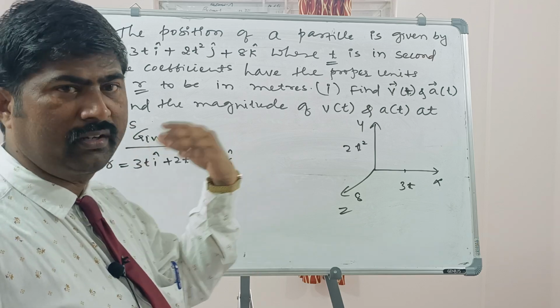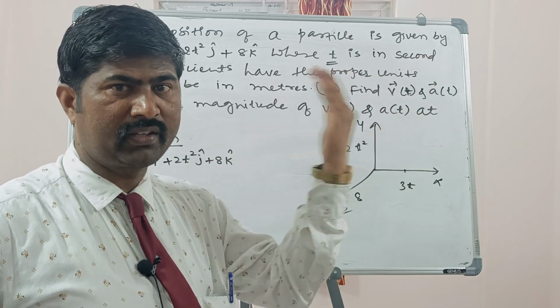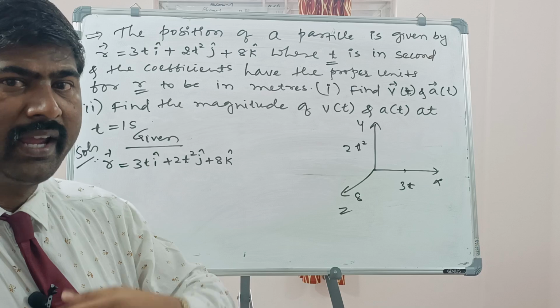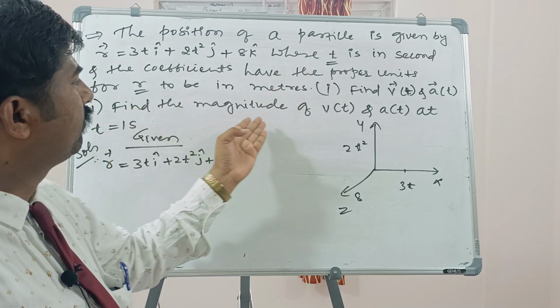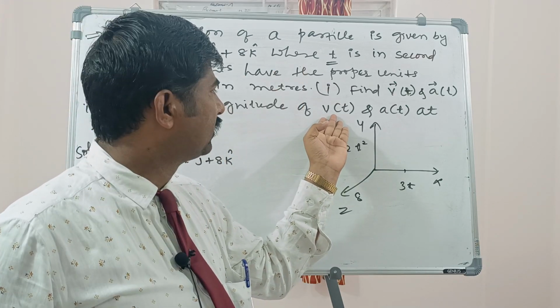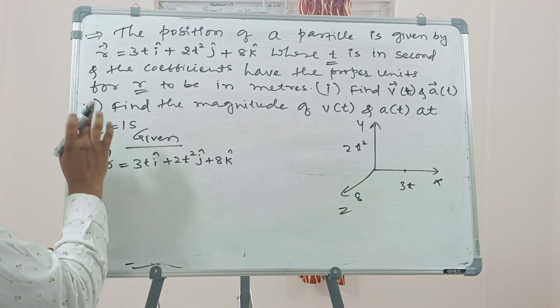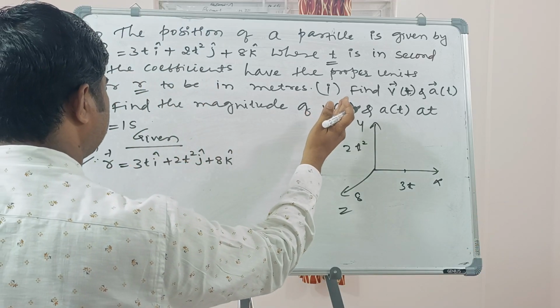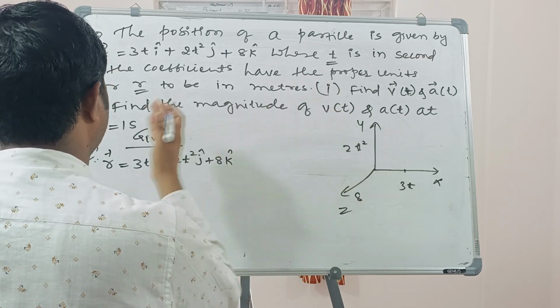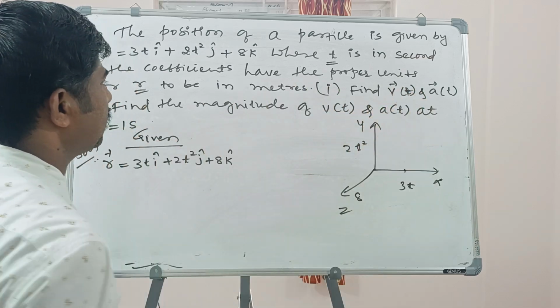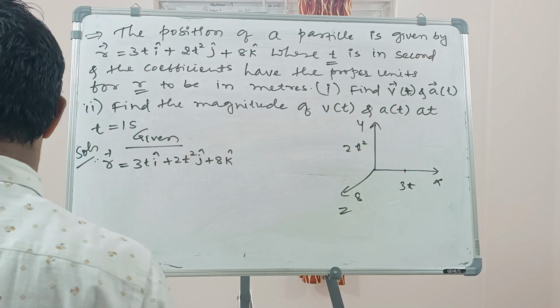Three-dimensional means the body is moving in space, or you can say it is changing its position x, y and z. Find the magnitude of that velocity and corresponding acceleration, clear? At a time t equal to 1 second. At 1 second we have to calculate the instantaneous velocity at t equal to 1 second, and the instantaneous acceleration at t equal to 1 second.